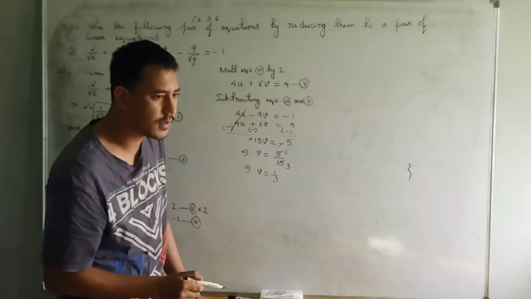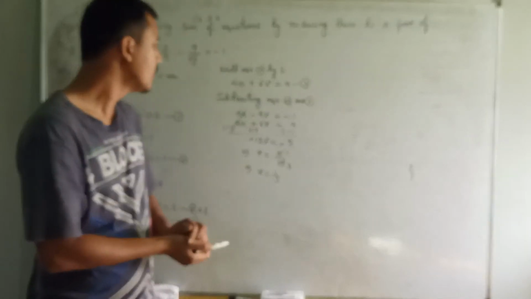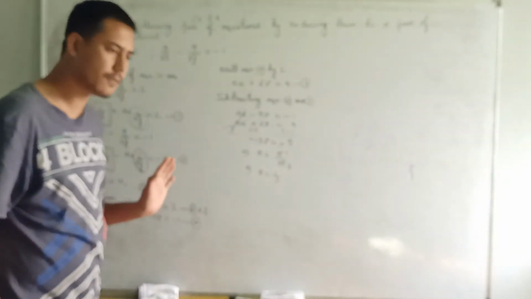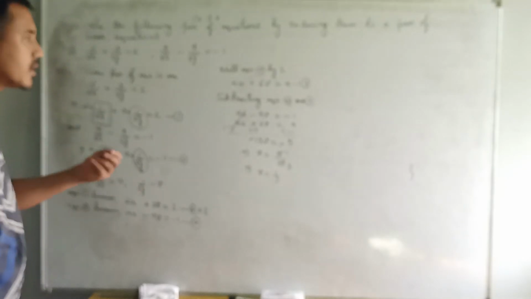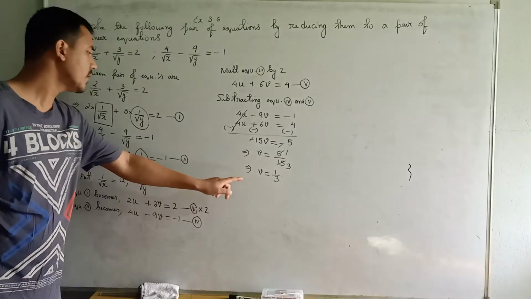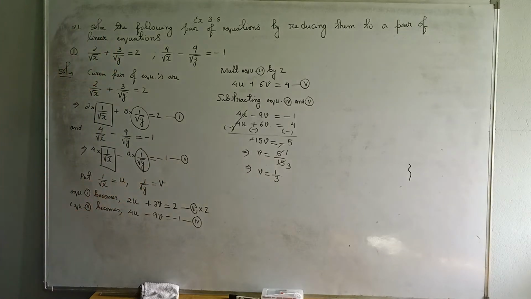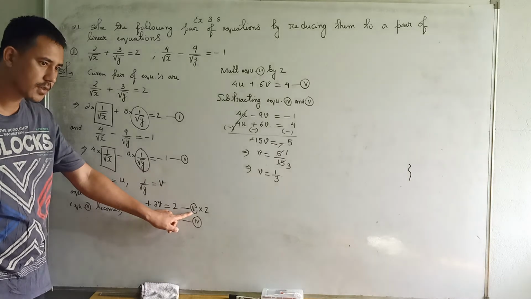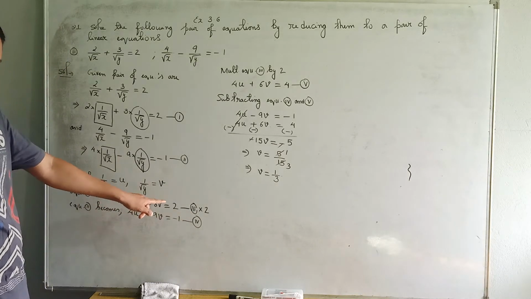We have obtained v. Now we want u. In order to find u, I have to substitute the value of v in an equation containing u and v, not x and y, okay? Shall we take equation 3? Equation 3 looks simpler.